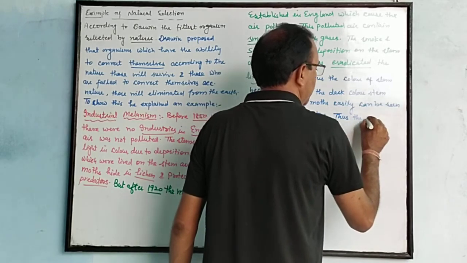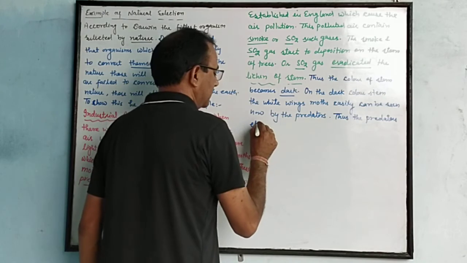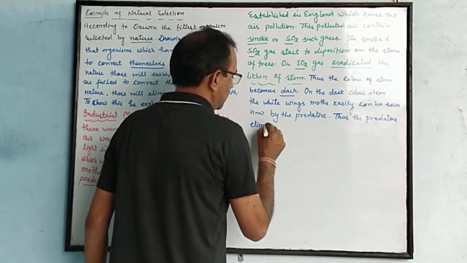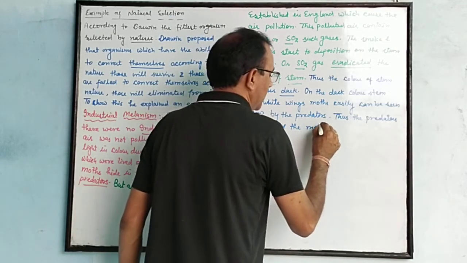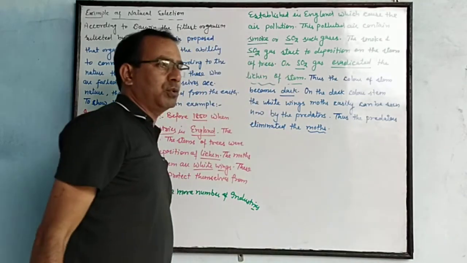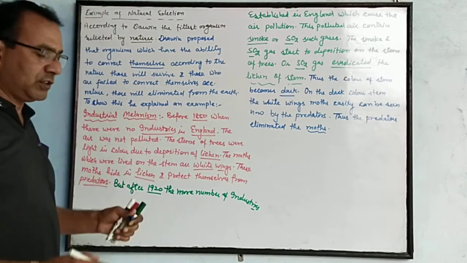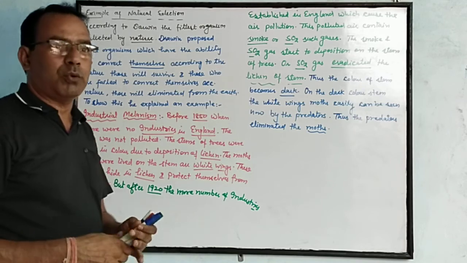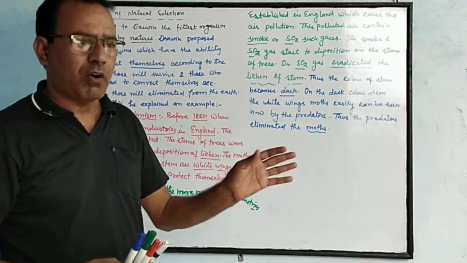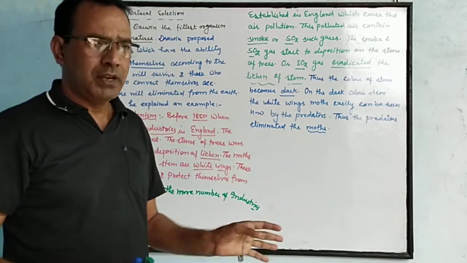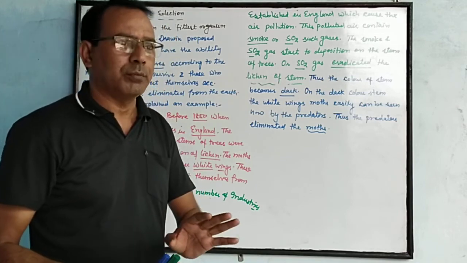The predators eliminate the moths because the moths are not able to convert themselves according to nature, and Darwin said that organisms which are able to convert themselves according to nature, such as temperature, hot summer, cold winter, frost, etc., will survive, or otherwise be eliminated from the earth.